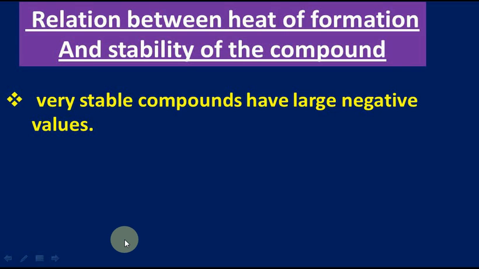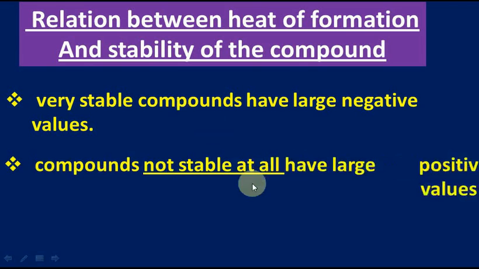Large negative values mean these compounds release more heat to be formed, so they will be very stable, thermally stable, because they release more heat. So they are more stable in the heat, more stable in nature.